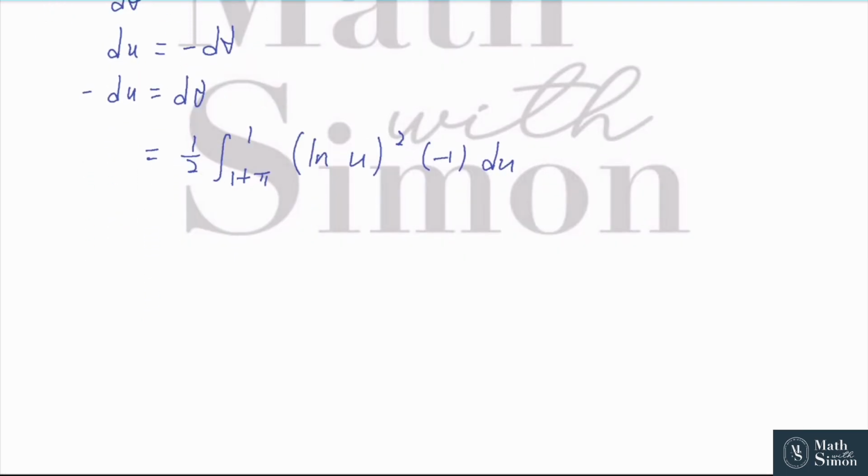In the next step, because I know that if I have a negative in an integral, I can switch the upper and lower limits here. So the result, we will have just a half, and then we want to integrate from 1 to 1 plus pi of (ln u) squared du.